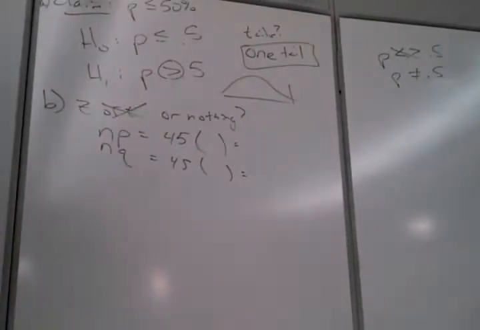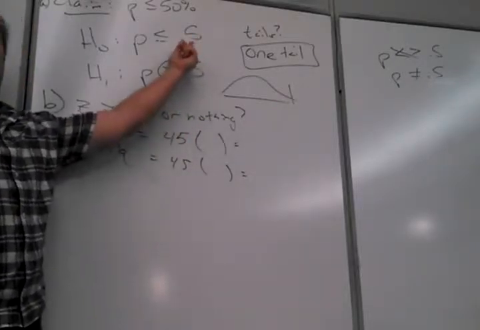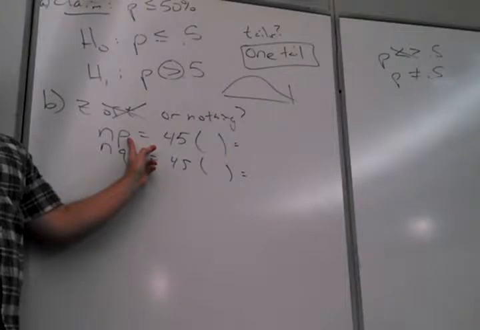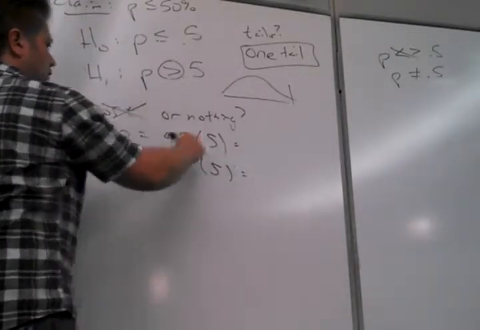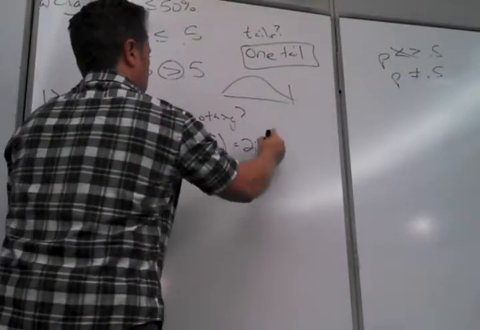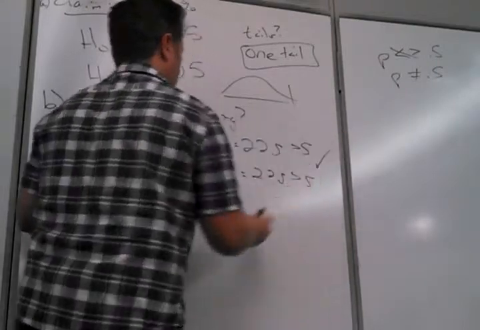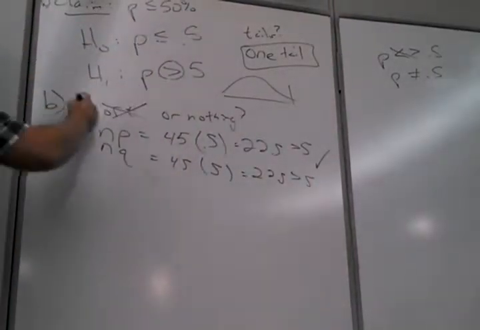Here would be the 50. I'm going to assume that that is what P is. So 50-50. So of course, what's half of 45? 22 and a half. And so those are both bigger than 5. Check.